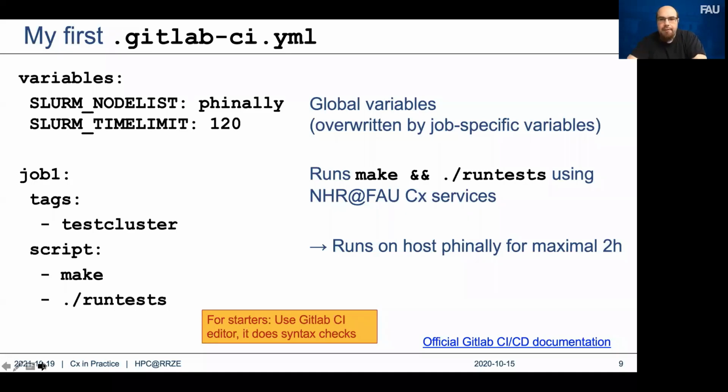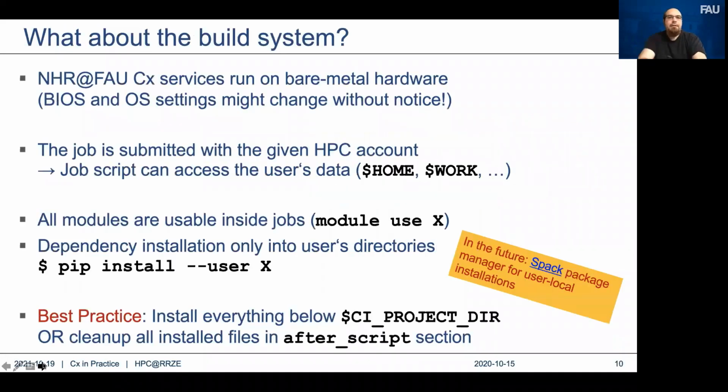So let's go back to the slides. As I said in the beginning, the build system or the system you are running your jobs in is your basic shell you also get if you SSH to that node or to one of our nodes. So there's no containerization. You don't have root privileges to install stuff.